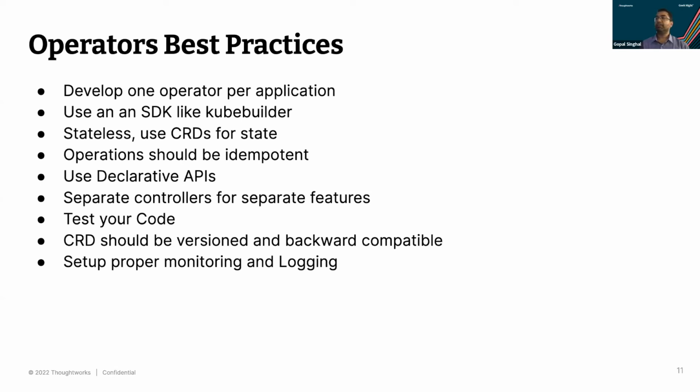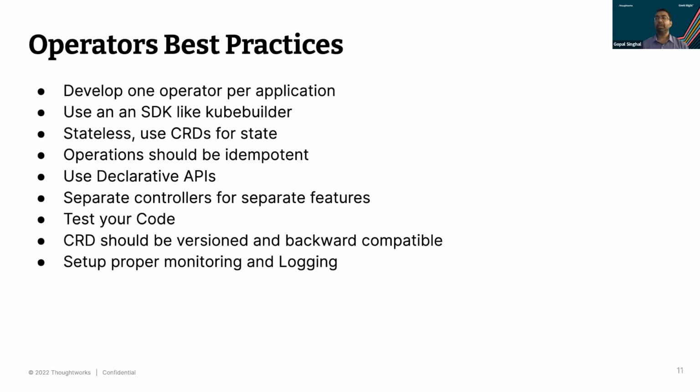Next is operations should be idempotent. All the functions should be written in a way that they are idempotent. They should not create problems. Like if a subroutine is called and things are already done, it should not add anything or change anything if things are set properly.